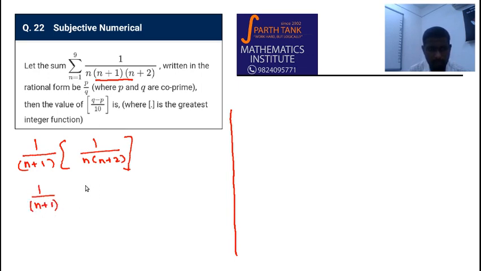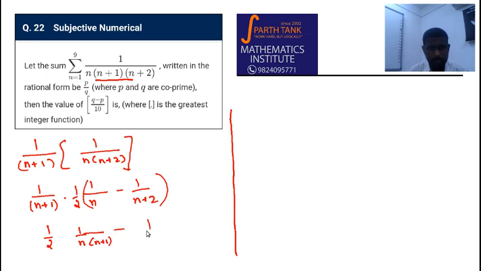If you see that 1 by n minus 1 by n plus 2 will give you n plus 2 minus n, which is 2. So this into 1 by 2 is a partial fraction. Therefore, the term of the summation can be written as half of 1 by n into n plus 1 minus 1 by n plus 1 into n plus 2. So the summation is over all such terms, n is 1 to 9.